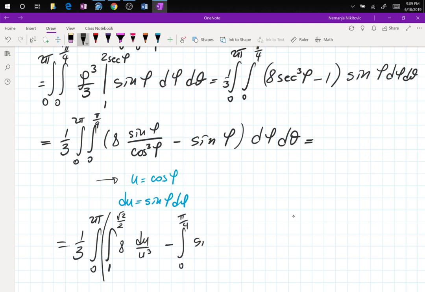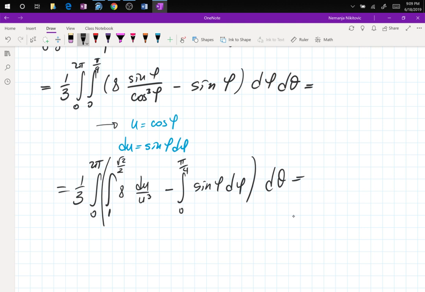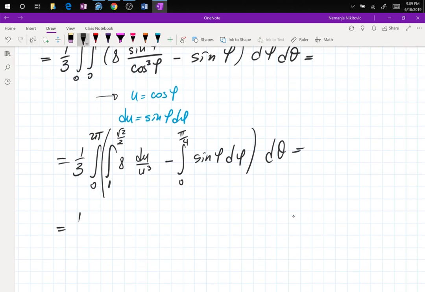This is just sine phi d phi. And then I have d theta next. So a little bit of annoyance, but not that much. 0 to 2 pi. Integral of u to the negative 3 is u to the negative 2 divided by negative 2, so that makes a negative 4. And so negative 4 over u squared.